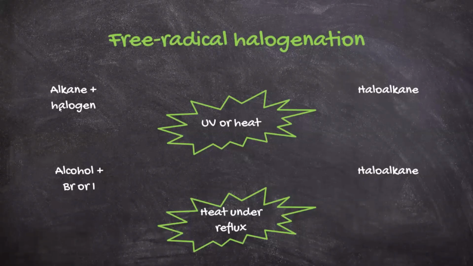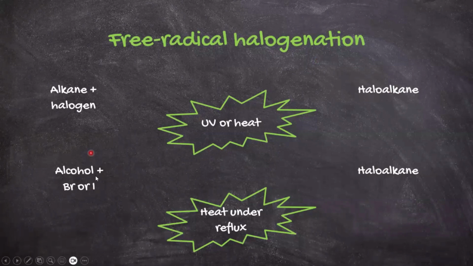So if you're coming from an alkane here, you're going to break your halogen with UV or with heat. Either or. And you're going to get to a haloalkane. You can do the same thing coming from an alcohol, but you have to treat it a little bit differently.